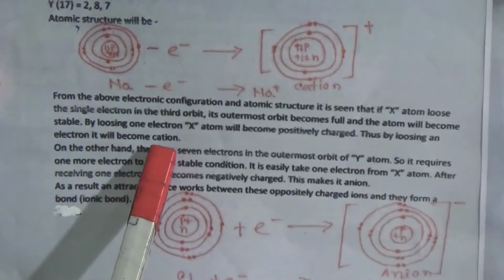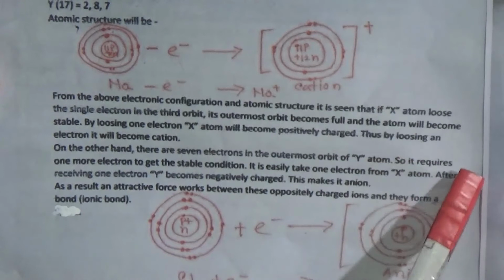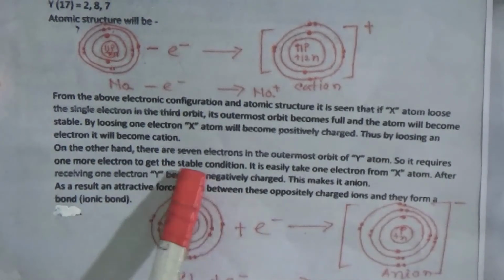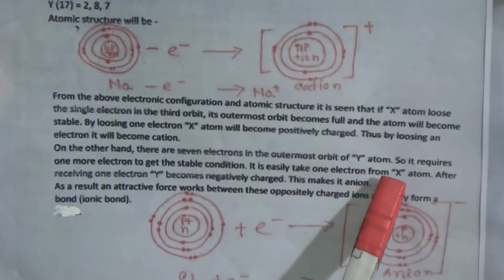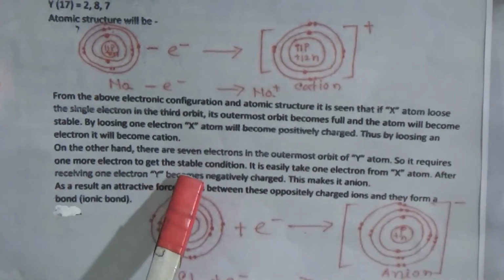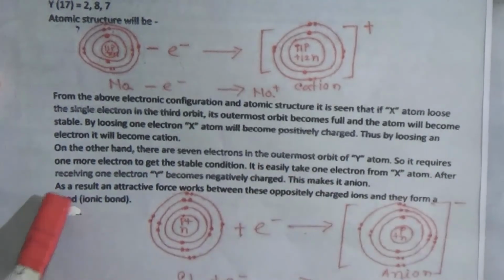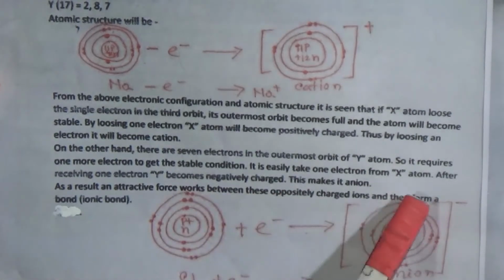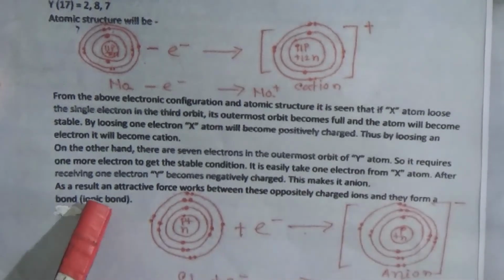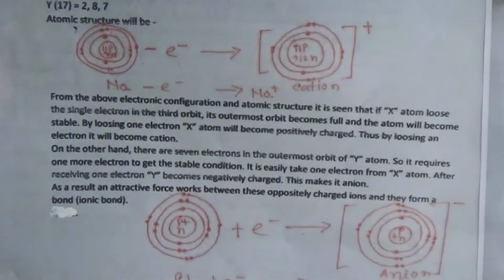On the other hand, there are 7 electrons in the outermost orbit of Y atom, so it requires 1 more electron to get the stable condition. It easily takes 1 electron from X atom. After receiving 1 electron, Y becomes negatively charged. This makes it an anion. As a result, an attractive force works between these oppositely charged ions. It forms a bond, that is an ionic bond, and when it makes the ionic bond, it stays this way.